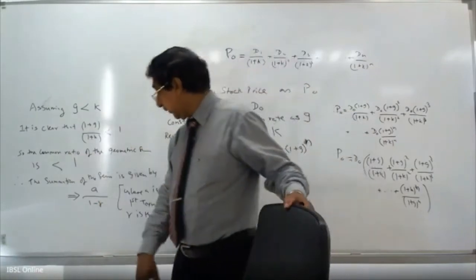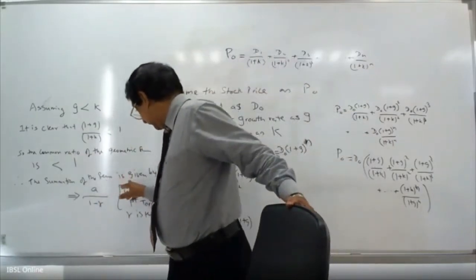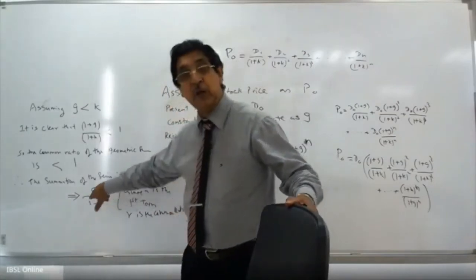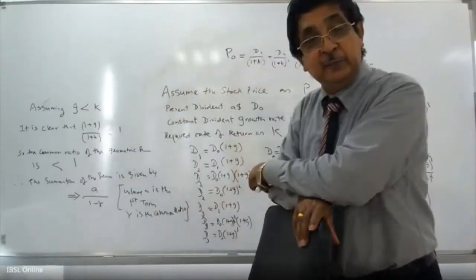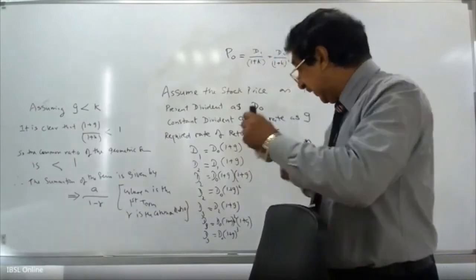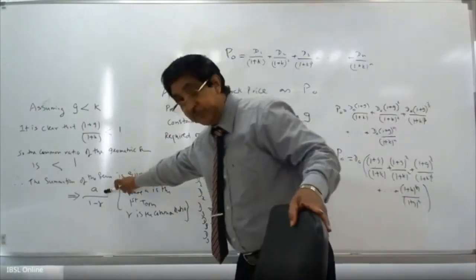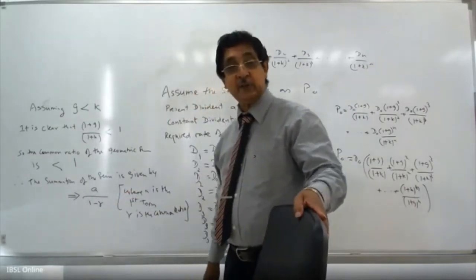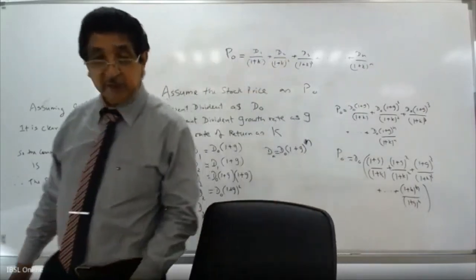Since it is less than 1, the summation of the series is given by this formula. What is that formula? A divided by 1 minus R. What is A? A is the first term of this geometric series. R is the common ratio of this geometric series. I am now asking you a question.